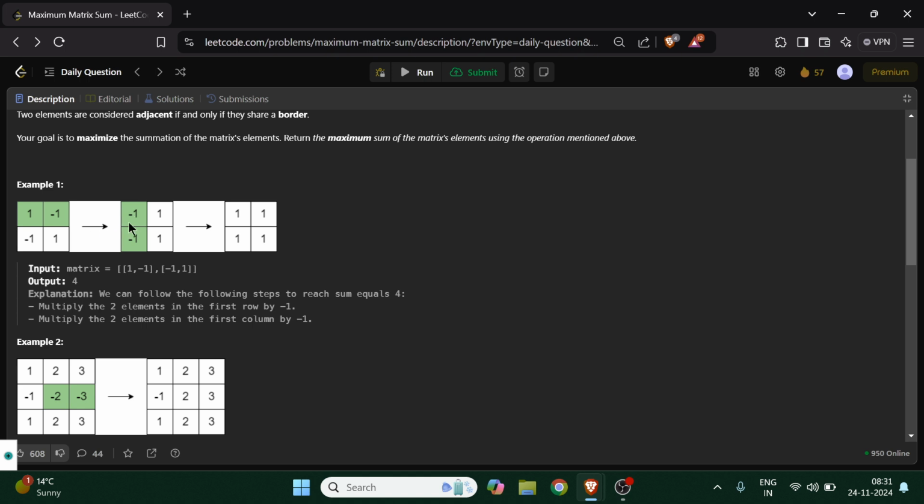Now again we can multiply these two elements as they are adjacent. When we multiply them with minus 1, the whole matrix now has positive integers. If the matrix has positive integers, we don't need to multiply with minus 1 any further, because the positive matrix will always give the maximum answer. So in this case we add all four elements, and hence the answer is 4.